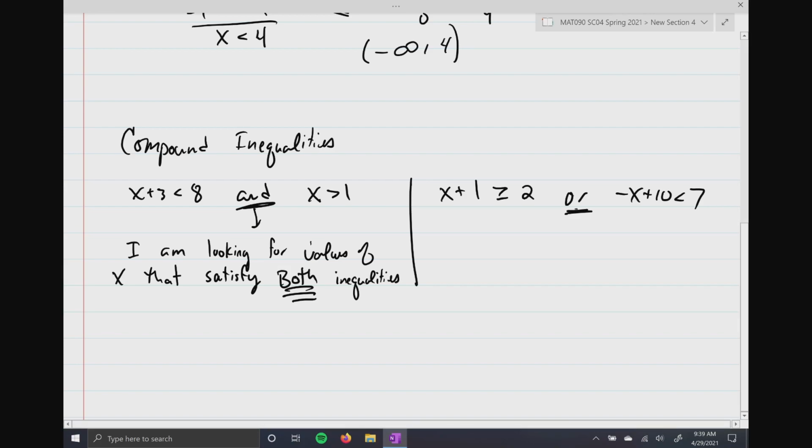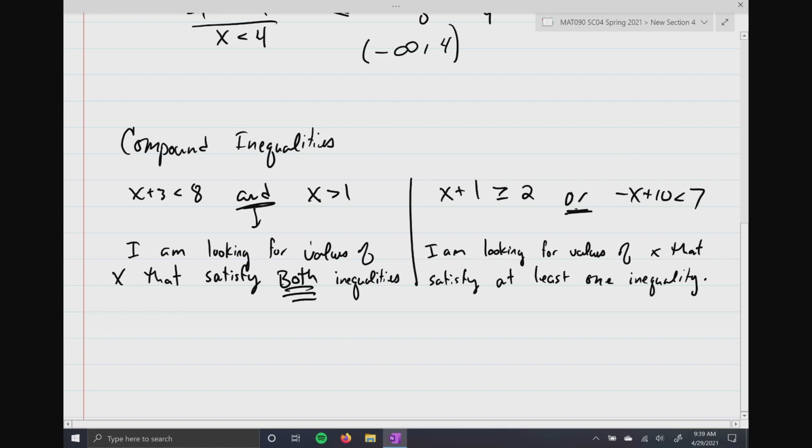For the or, I am looking for values of x that satisfy at least one inequality.